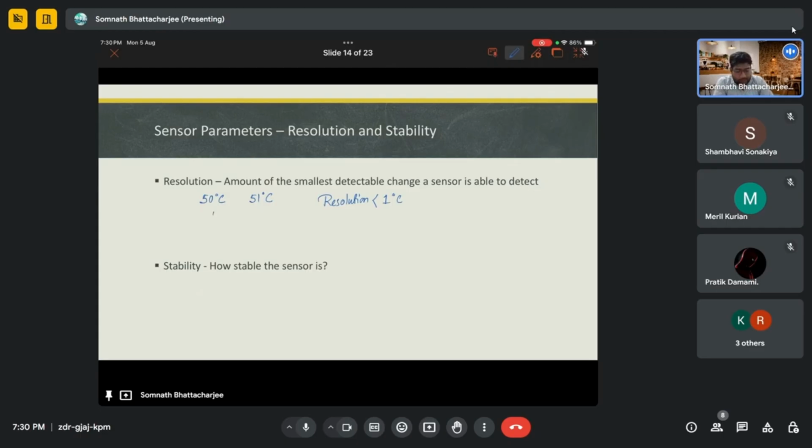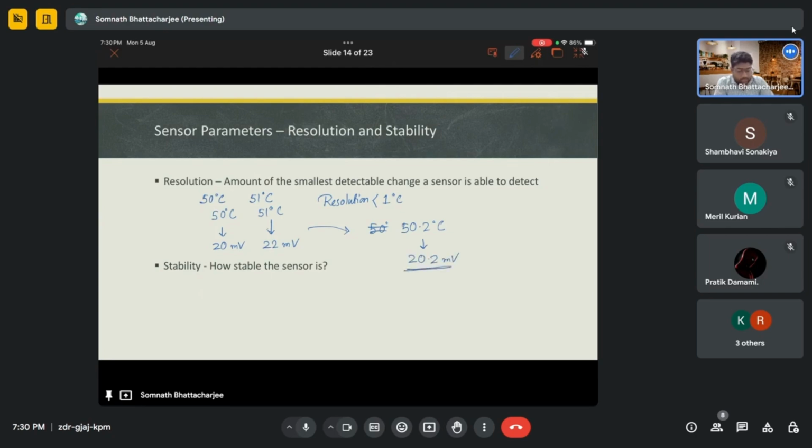So what happens if, let's say, at 50 degrees centigrade we got a value of 20 millivolts, and at 51 degrees centigrade we got a value of 22 millivolts. There can be a certain value, like 50.2 degrees centigrade, where the value is 20.2 millivolts.